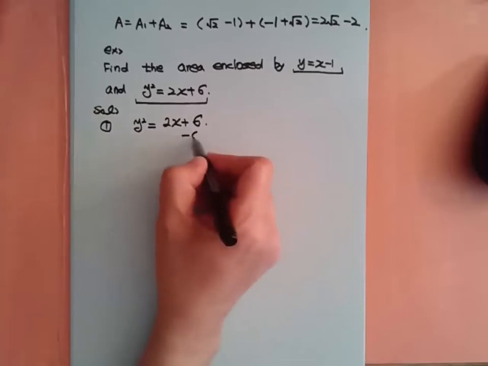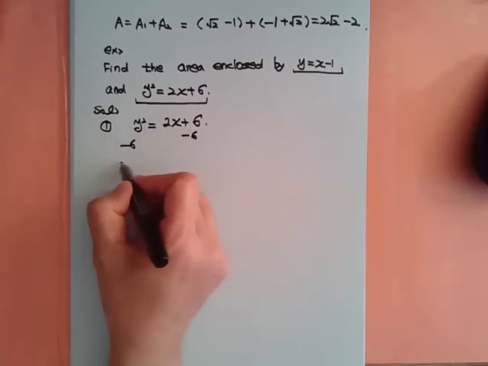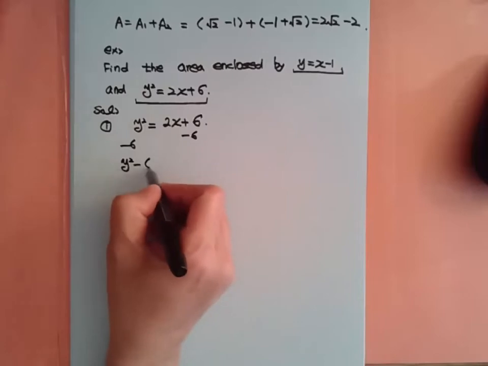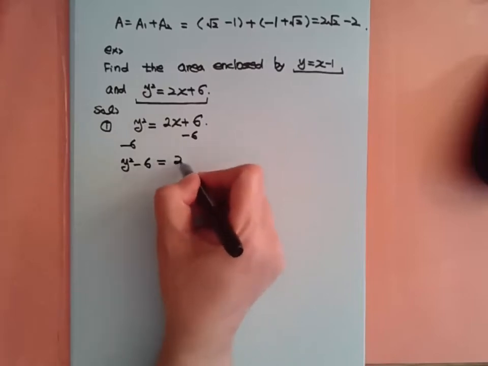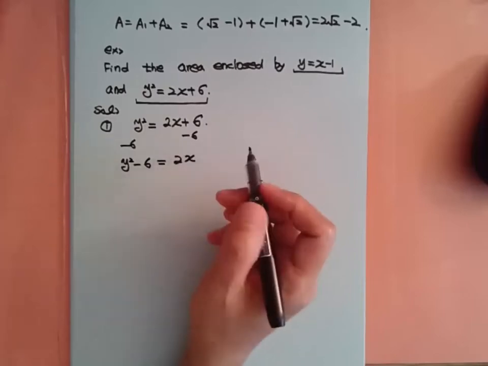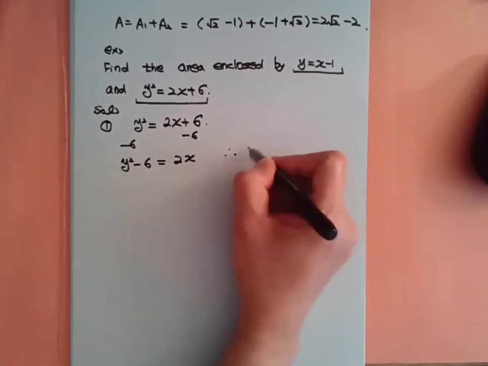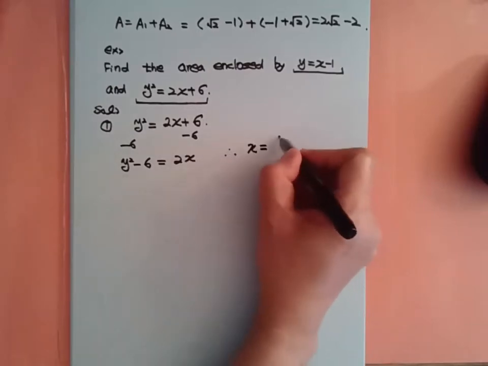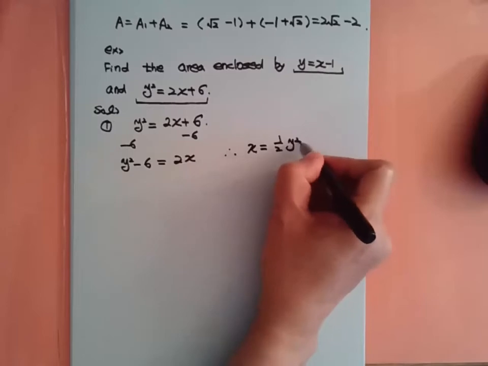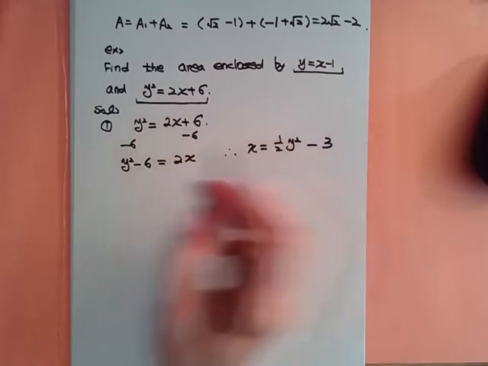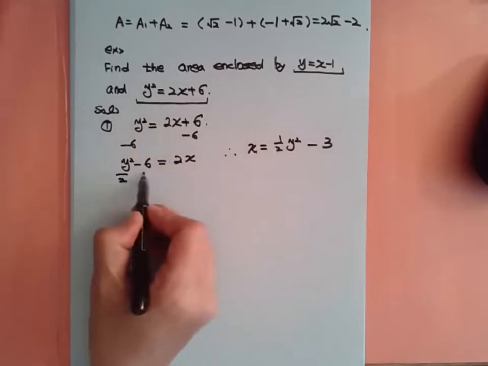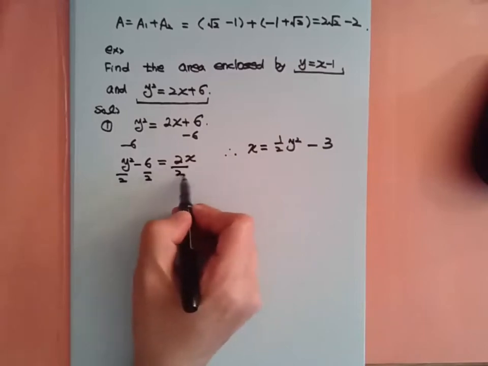We subtract 6 on both sides. Then we have y squared minus 6 on the left side, and 2x on the right side. So x equals 1 over 2 y squared minus 3. We just divided each term by 2.